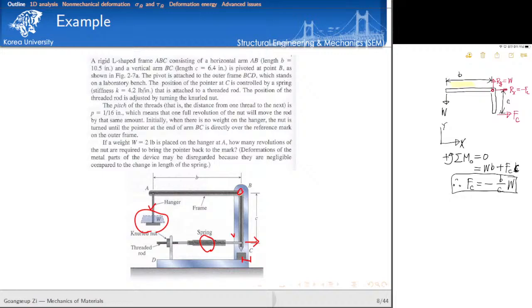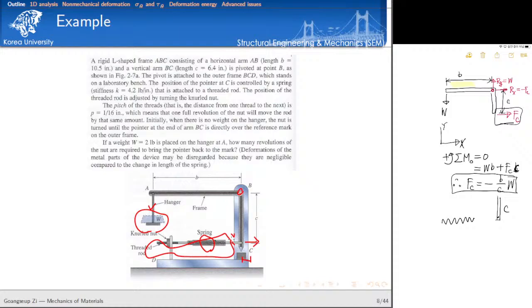Then now we can focus on the spring. I have a spring here, and the spring is attached to point C. According to our calculation, the direction of Fc is what?